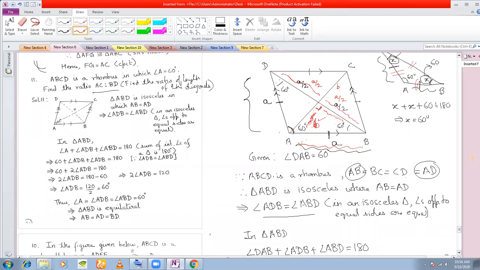Right or wrong? If I call this point O, by Pythagoras theorem, can I find OA?